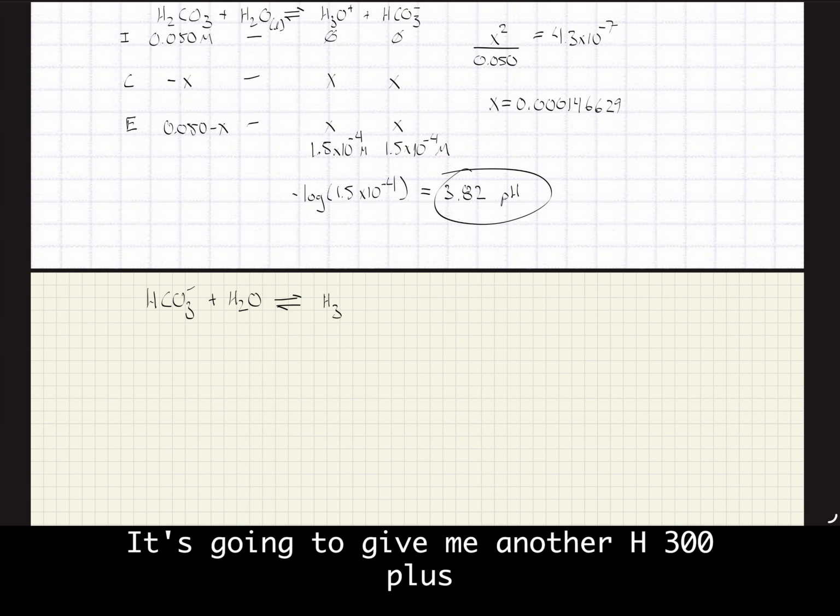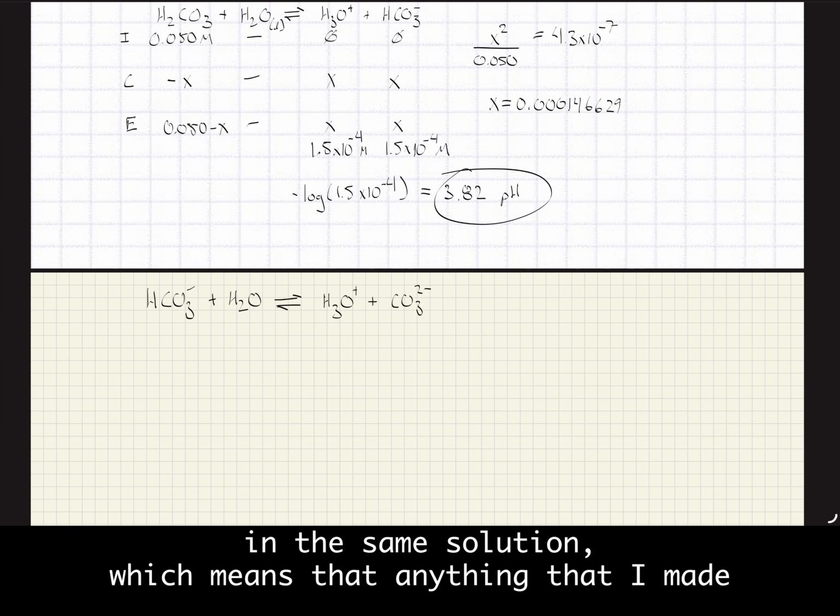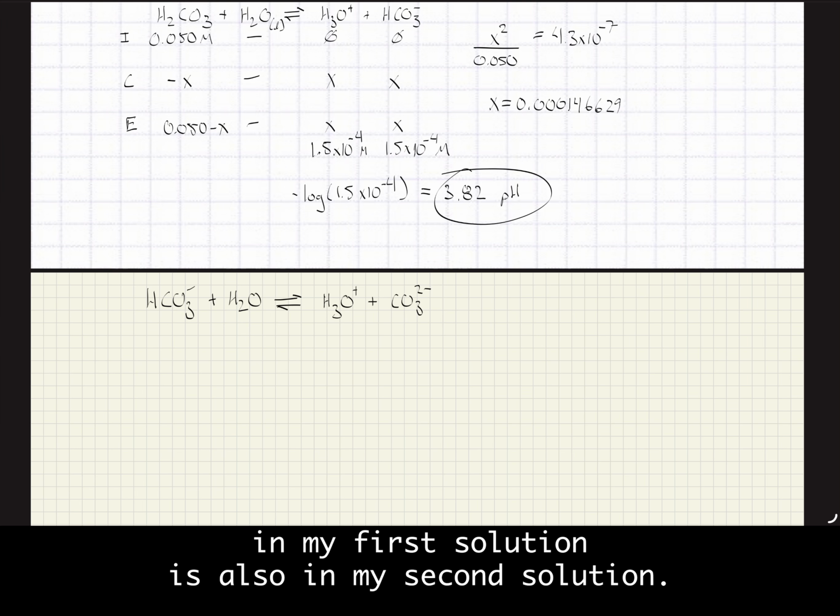It's going to give me another H3O plus and CO3 2 minus. So this is a second ice table in the same solution, which means that anything that I made in my first solution is also in my second solution.